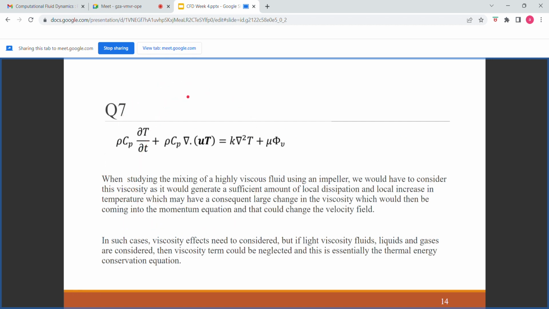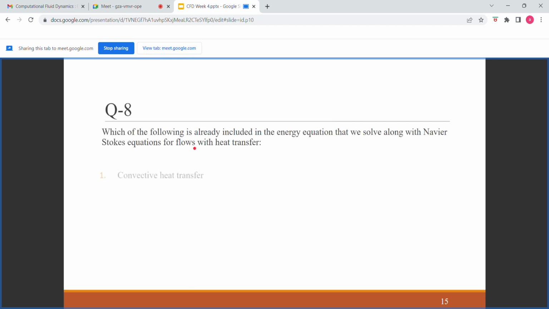This is the energy equation, where this denotes the change in temperature, this would be the del dot uT, the convective term, that is flow, and this would be the diffusive term. So the heat transfer due to the fluid flow is included in this term. That means convective heat transfer is included in the energy equation that we solve along with the Navier-Stokes equation.